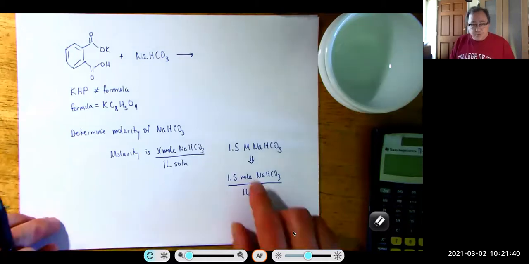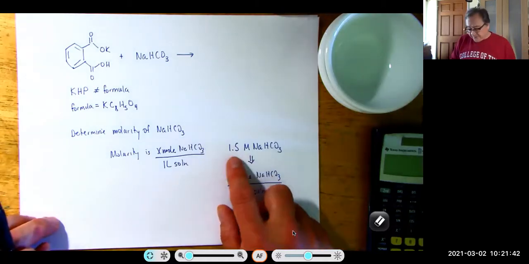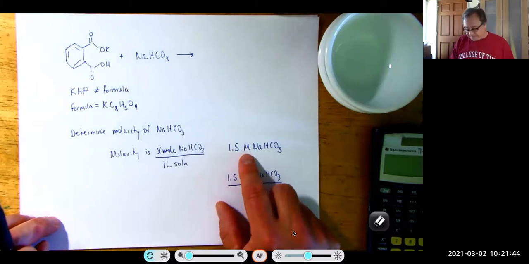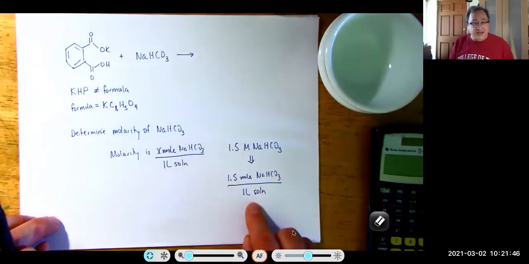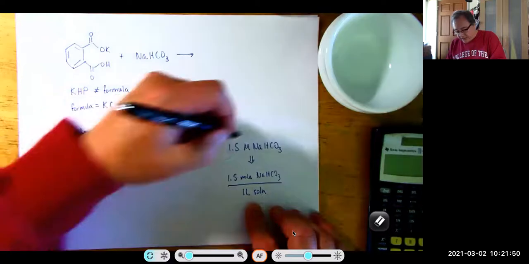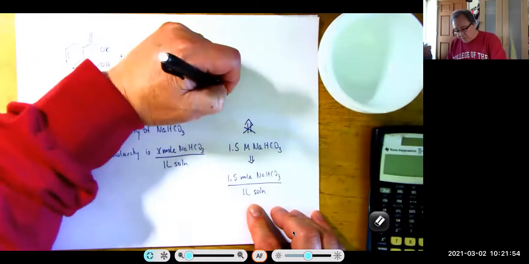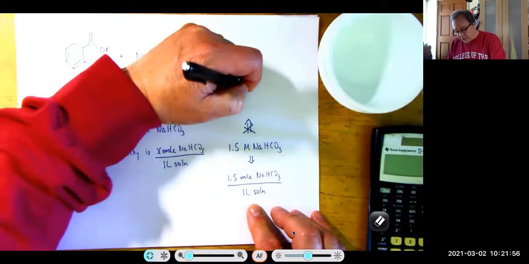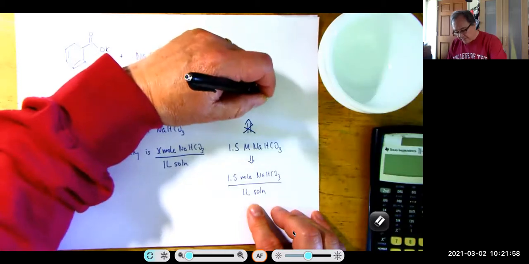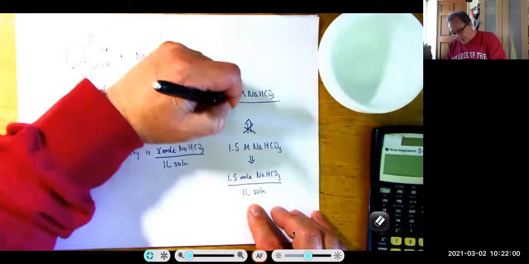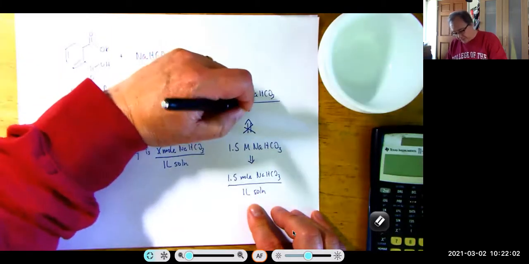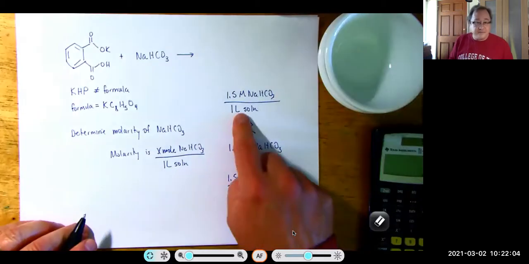So you want to be able to take something that says 1.5 M and turn it into a fraction like this. And whatever you do, do not do this. This is a big no-no: 1.5 M sodium bicarbonate over 1 liter of solution, because this is wrong.